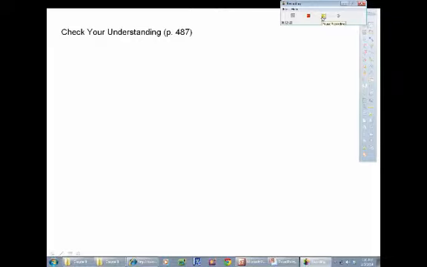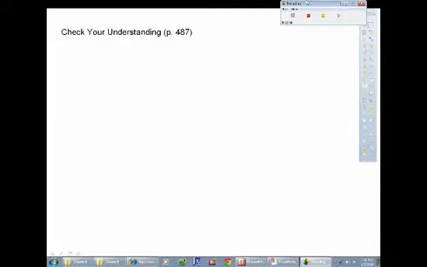Okay, now would be a good time to stop and check your understanding on page 487. We're going to use table A to find the critical value T star that you would use for a confidence interval for a population mean mu in each of the following situations. If possible, check your answer on technology.